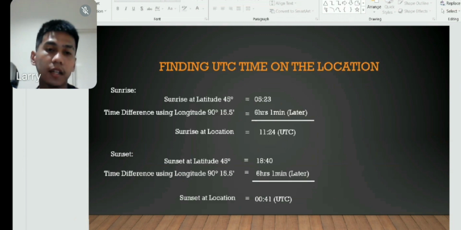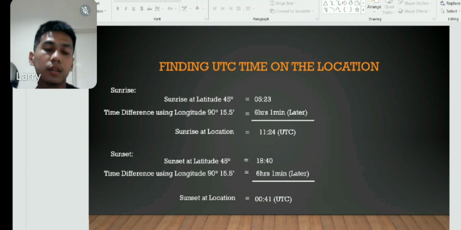After that, we must find the UTC time at that location. The sunrise at the latitude of 45 degrees is 5:23 a.m. and the time difference using longitude is 6 hours 1 minute later. So add the two, and that will give us the UTC of 11:24.